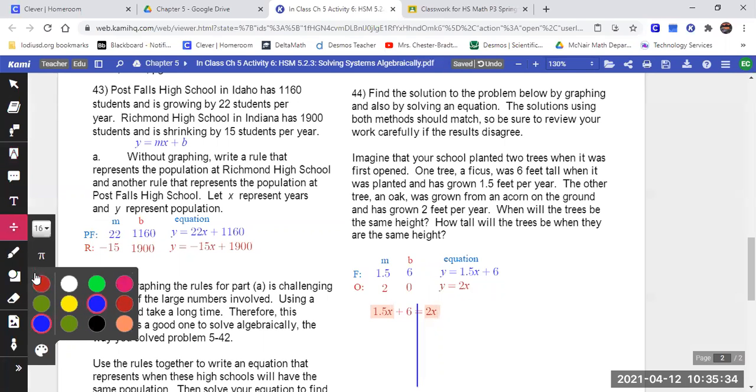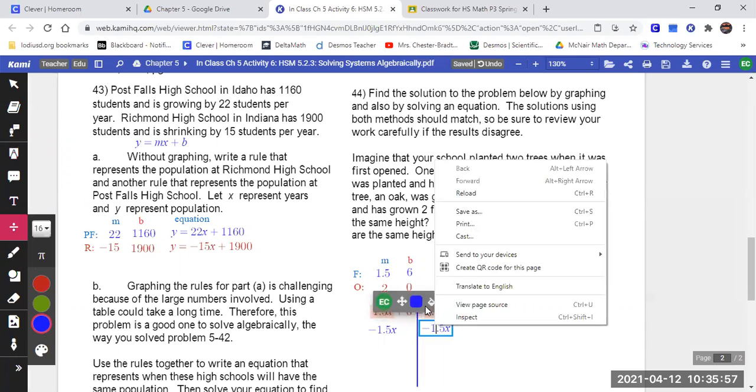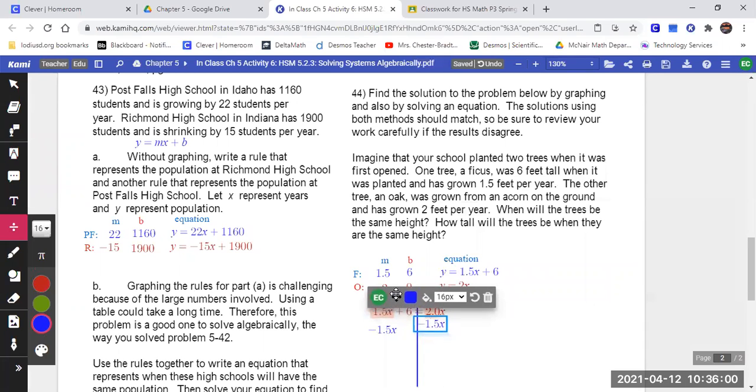So it's in our best interest to write this as 2.0x. So they both have a decimal place, right? So I'm going to subtract the 1.5x from the left. And whatever I do on the left side, I have to do on the right hand side. And I added the 0.0 in because with decimals and subtraction, you got to line up the decimal. That's the rule.